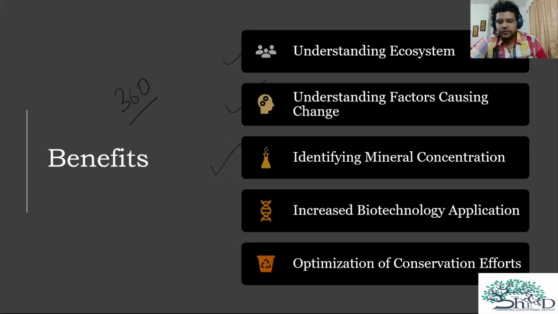We can obviously use that bacteria in our filtration process, or basically bioremediation. Also, there might be some seaweed or some sea animal that might be able to help in cancer treatment. I'm just telling you examples. There might be some microorganism that might help in curing skin diseases, right?